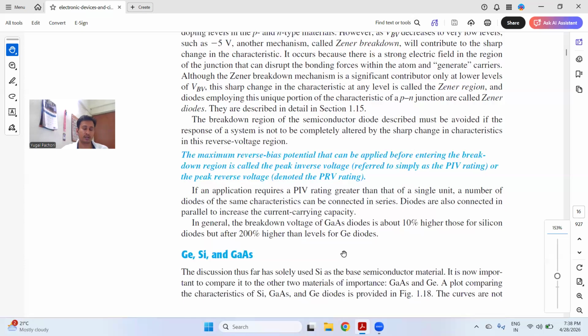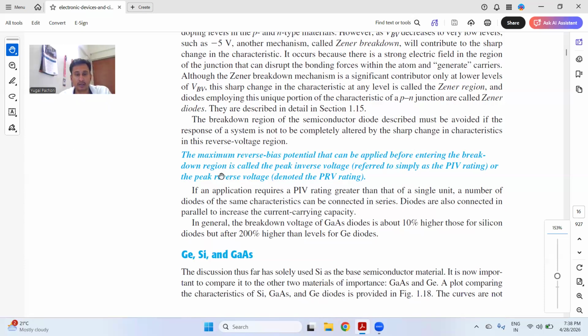Because silicon is abundant in nature, and plus it also has high thermal stability. That's why silicon is preferred. The same thing applies to gallium arsenide and germanium, but the preference is more for silicon. However, it does not mean that we are not using germanium or gallium arsenide. We are using these two other than silicon also.